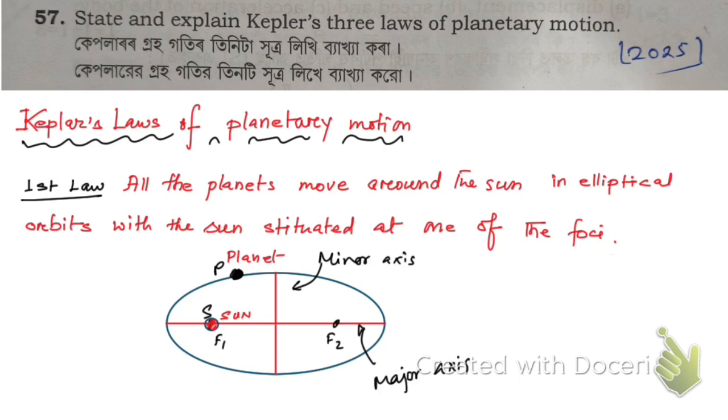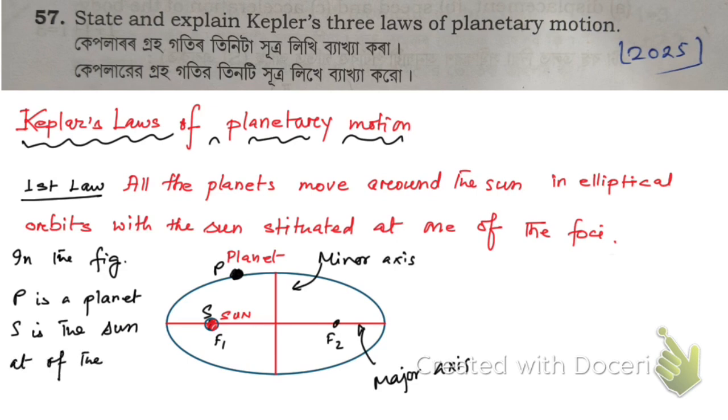In this figure, P is a planet and S is the sun at one of the foci of the elliptical orbit. Now let me write the second law.